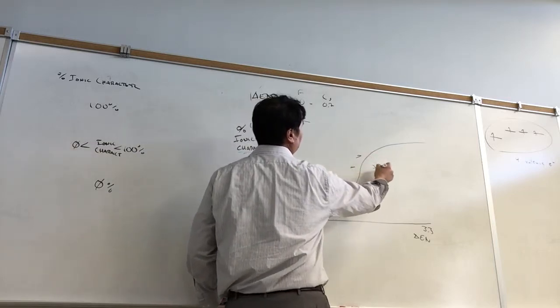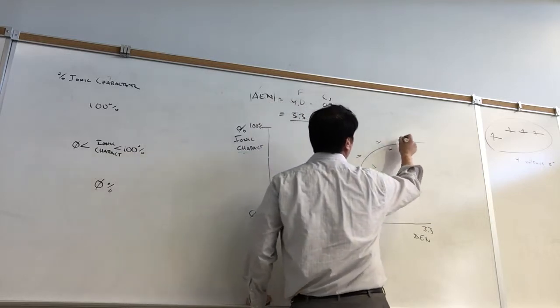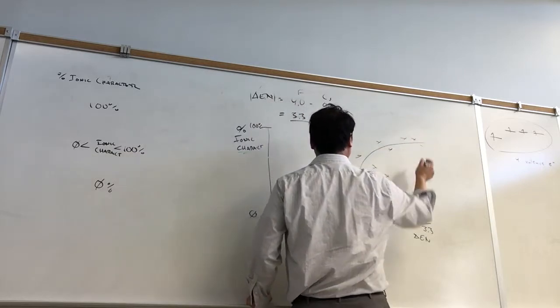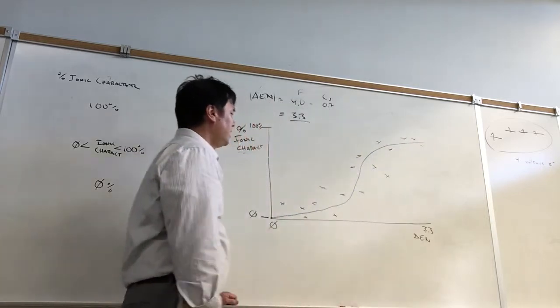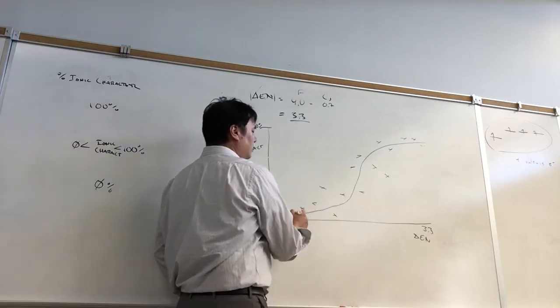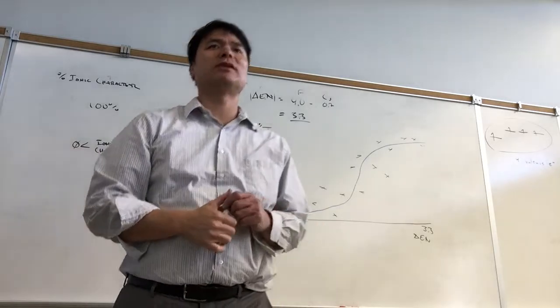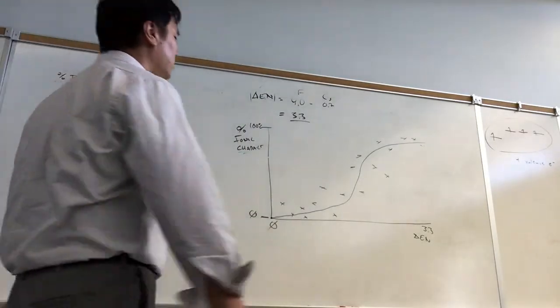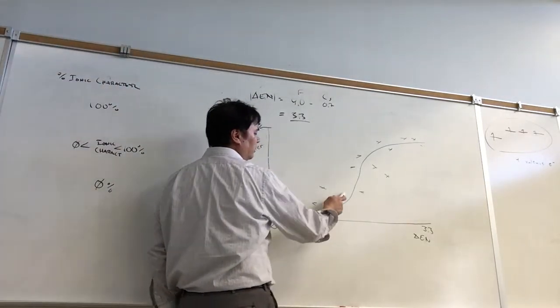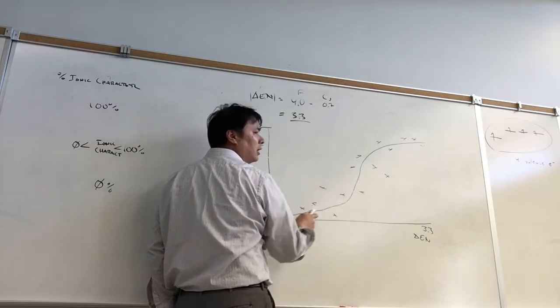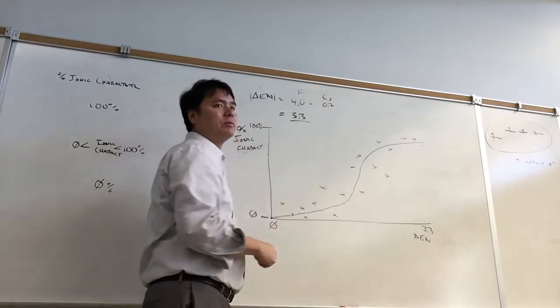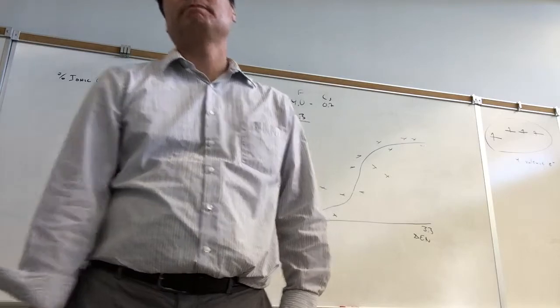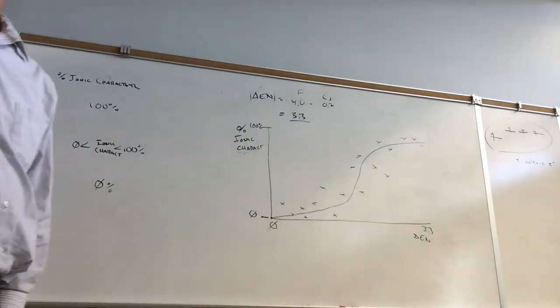So it'll be like this. And you look at this data, and does it look like a good correlation? What do you think the R² value is? R², if every data point, which are these x's, lies on the blue line, then the R² value for the blue line is 1. That is a perfect fit.